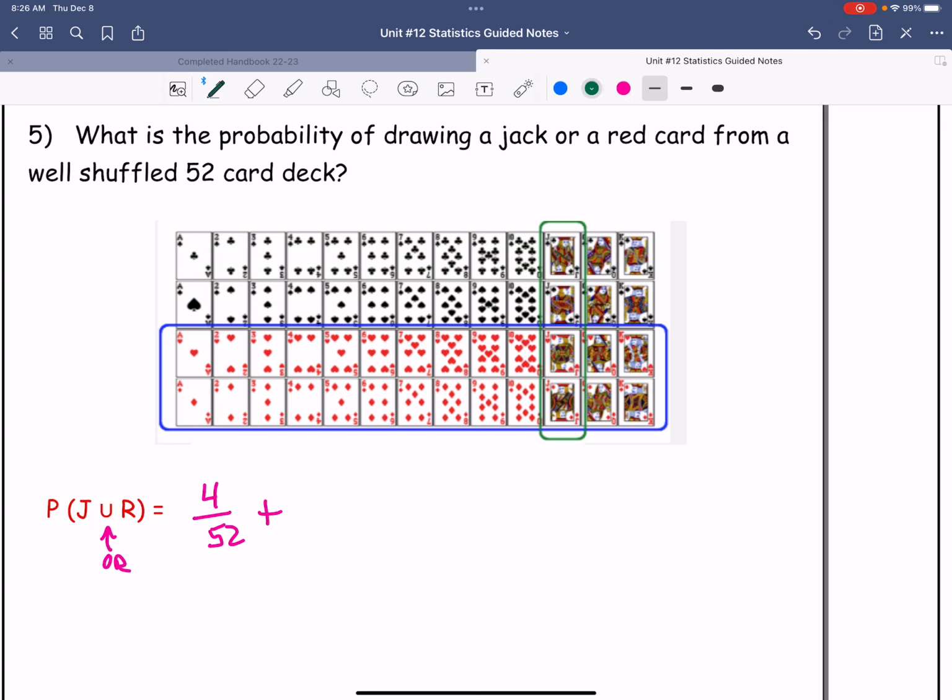I'm just going to keep it out of 52, 26 out of 52. Now, the problem is that these 2 cards have been counted twice. So we need to subtract off the 2 cards that were counted twice out of 52, because these are not mutually exclusive events. There is overlap. We have to subtract off the overlap, and we get 0.538.